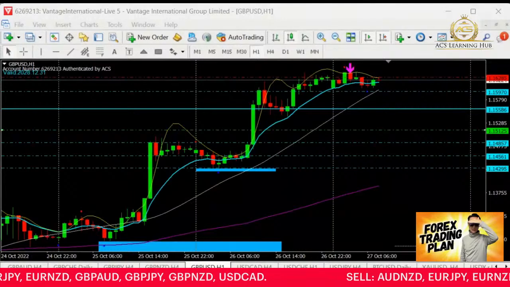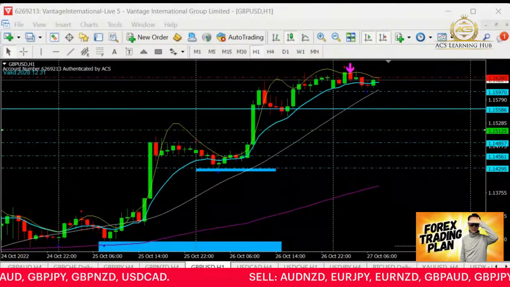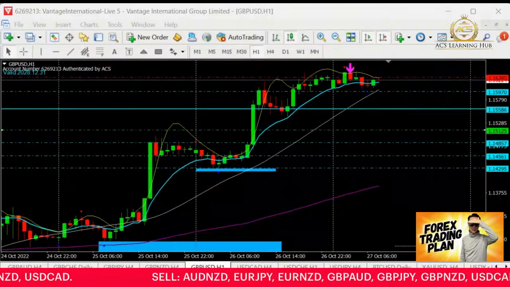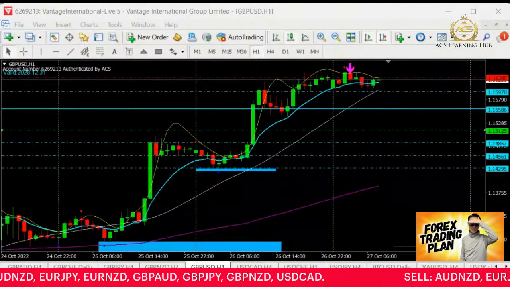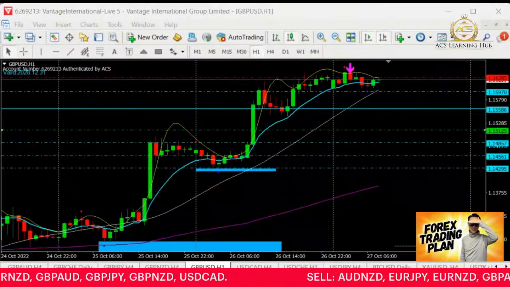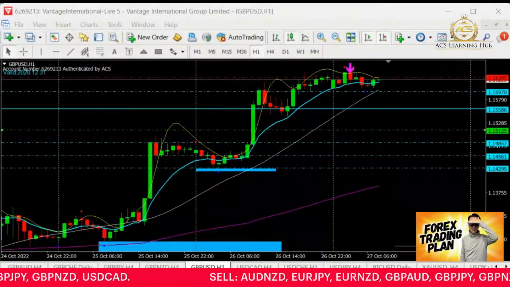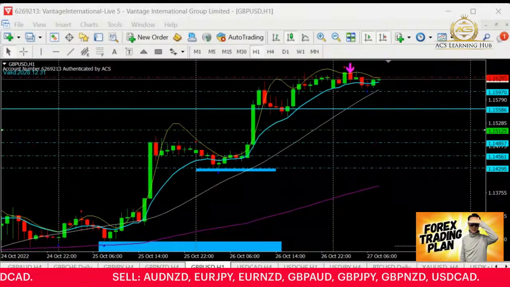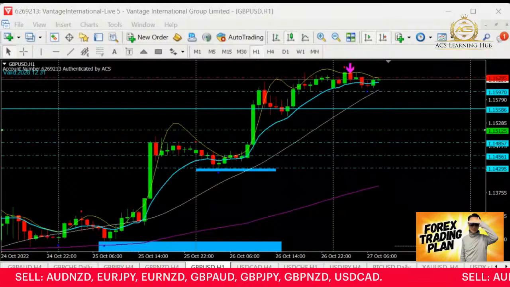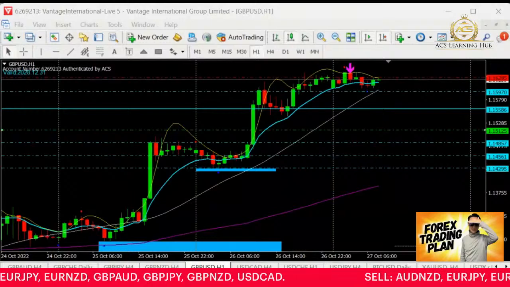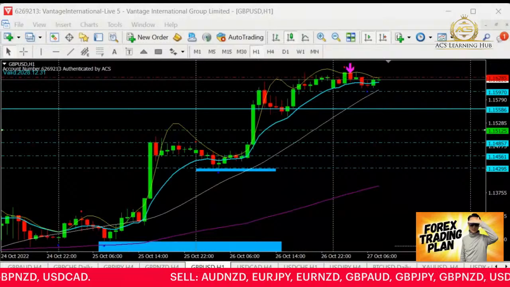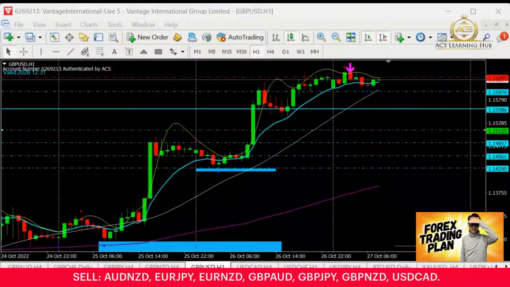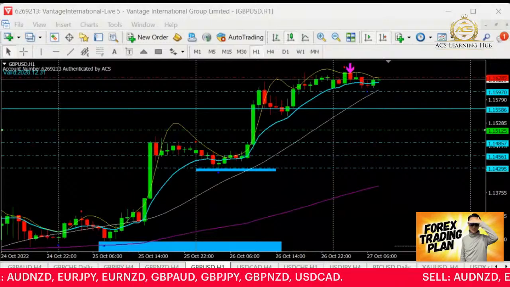Aussie Kiwi, Euro Yen, Euro Kiwi, Pound Aussie, Pound Yen, Pound Kiwi, and Dollar CAD. All these currency pairs are what we are going to focus on later in the UK London session. Just remember, when you are selling, sell at the resistance. When you are buying, buy at the support.